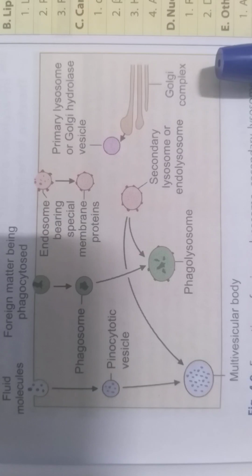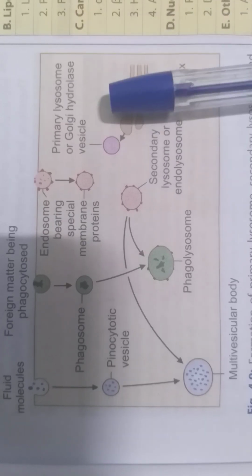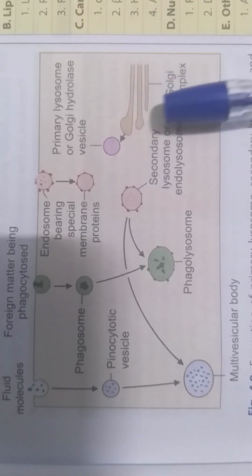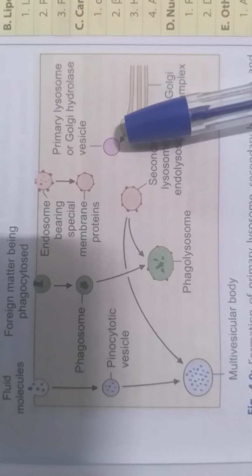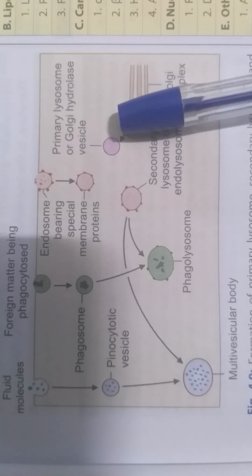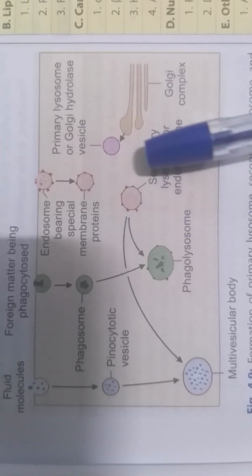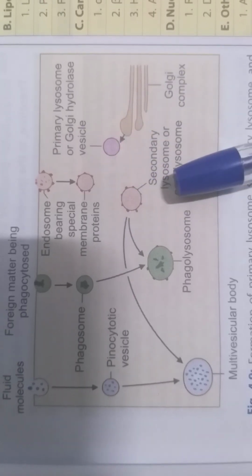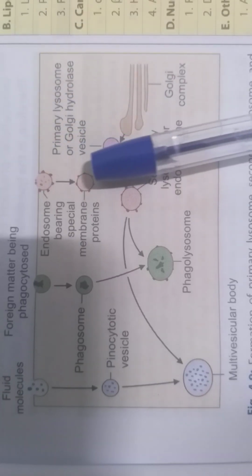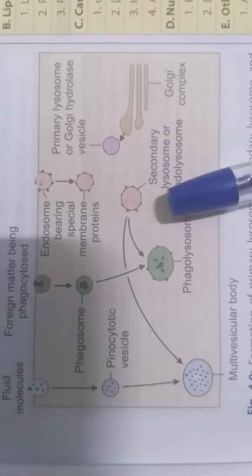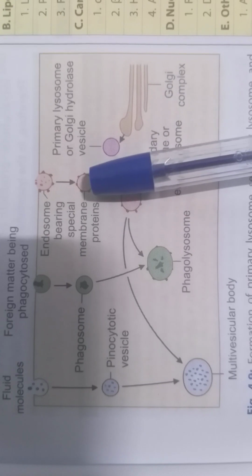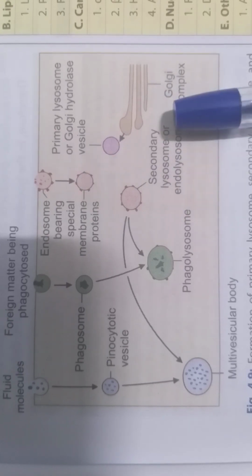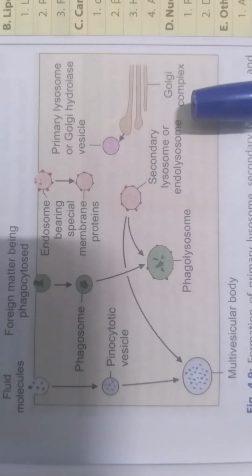The primary lysosome, or the Golgi hydrolase vesicle, is a vesicle which buds off from the Golgi complex. That is the primary or the first formed lysosome. This lysosome may join with an endosome bearing special membrane proteins which enter the cell through the process of endocytosis, and there will be fusion between this primary vesicle and the endosome to form the secondary lysosome or the endolysosome.